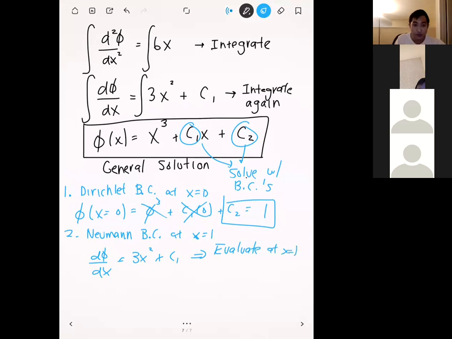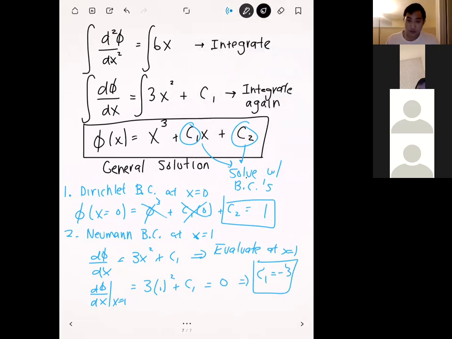And so we have d phi dx at x equal to 1, and this is going to be equal to 3 times 1 squared plus c1. And according to our boundary condition, that has to equal 0. And so if we solve this equation for c1, we get c1 is equal to minus 3. Okay? All right. Any questions on this so far?